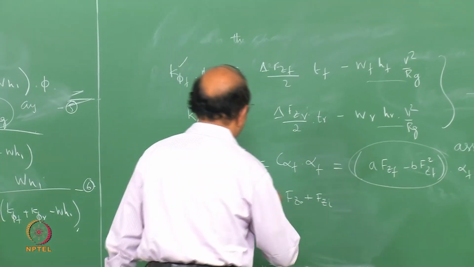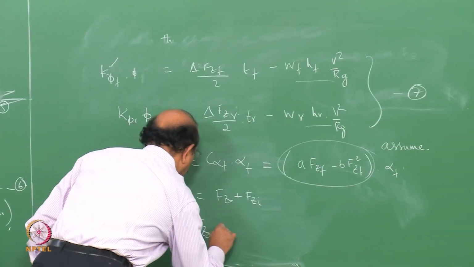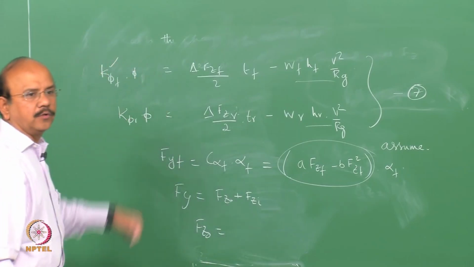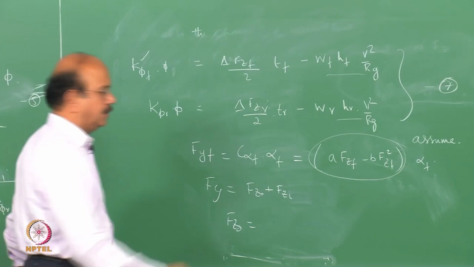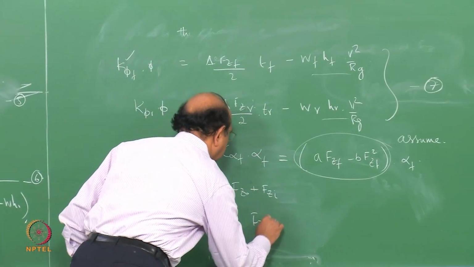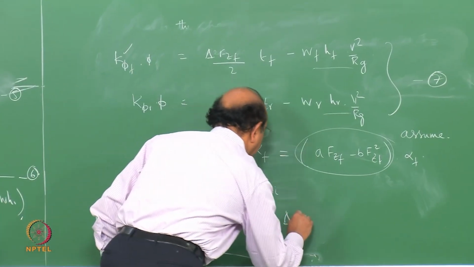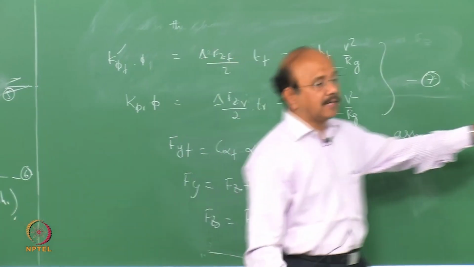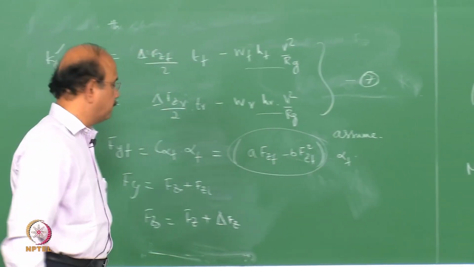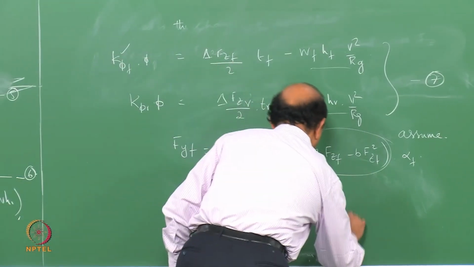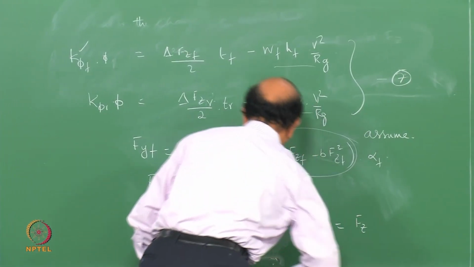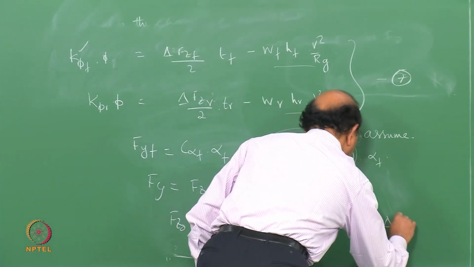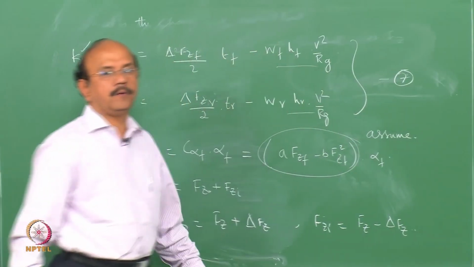Now note that F z outer is equal to normal F z, which is WF, so I would call that normal F Z plus delta F Z by 2, and F Z inner is equal to F Z minus delta F Z.